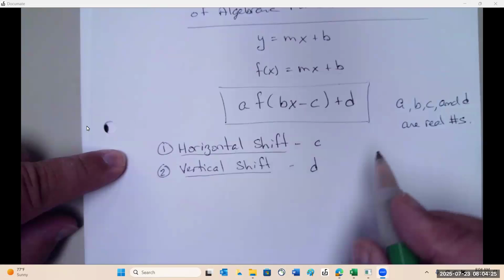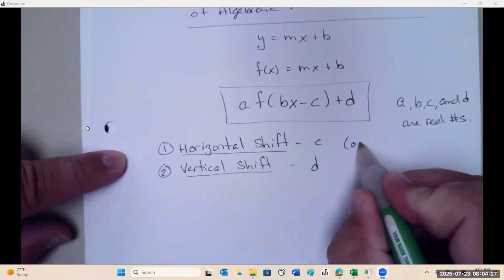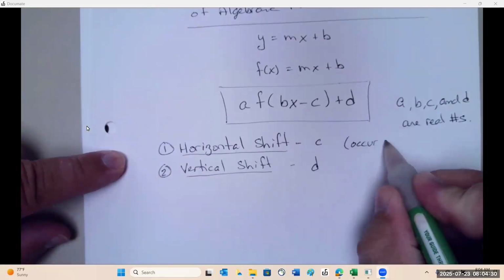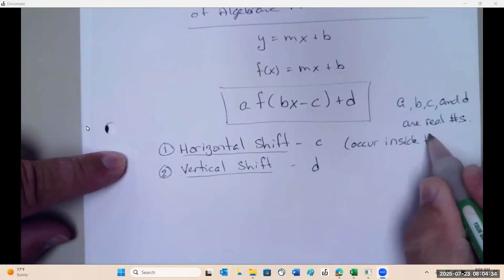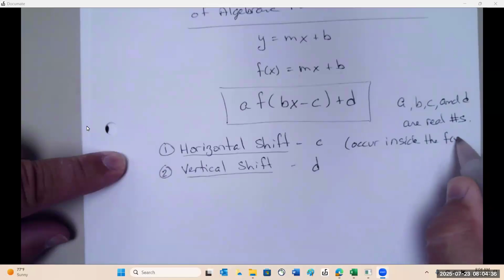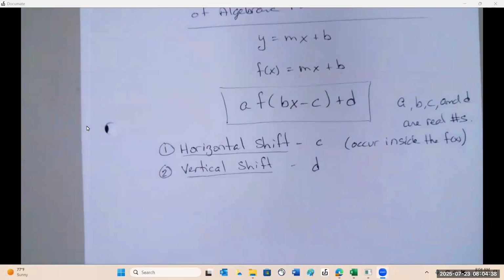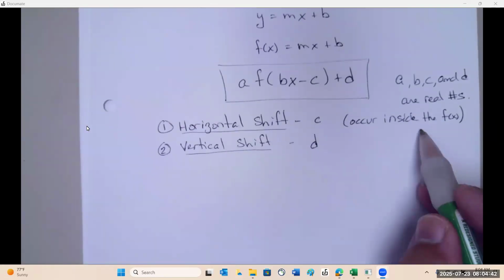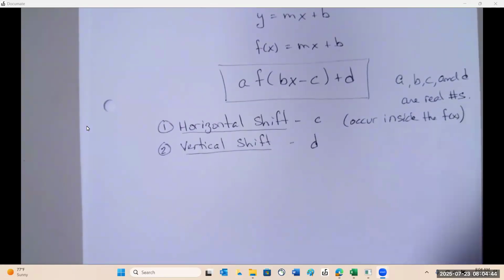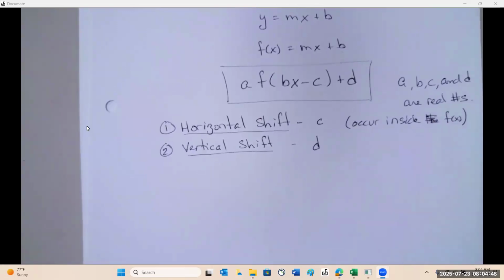So horizontal shifts occur inside the function f of x.